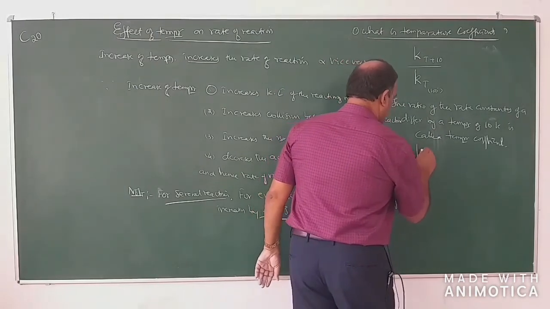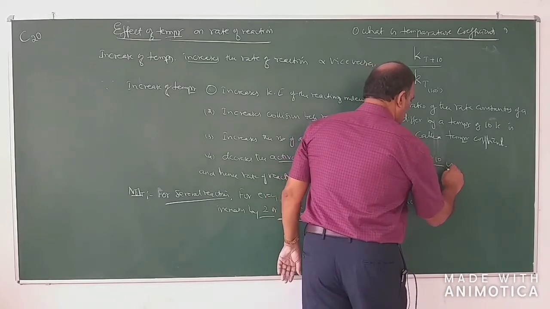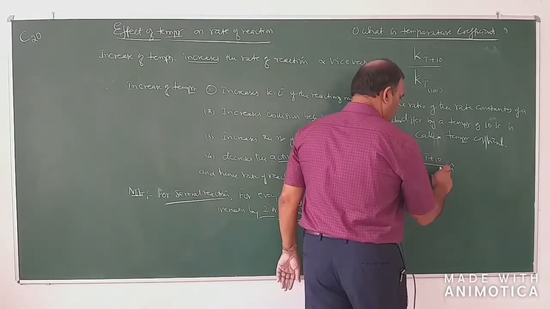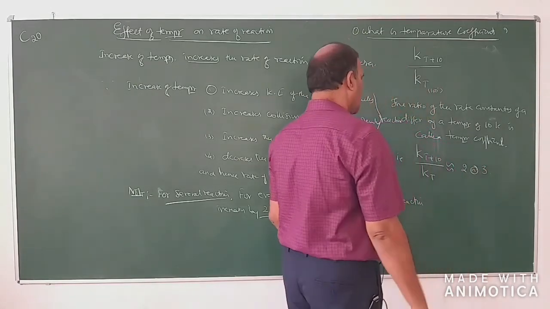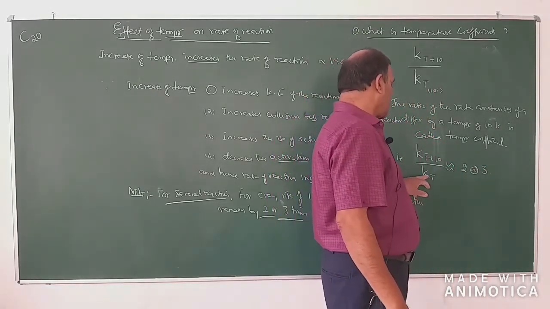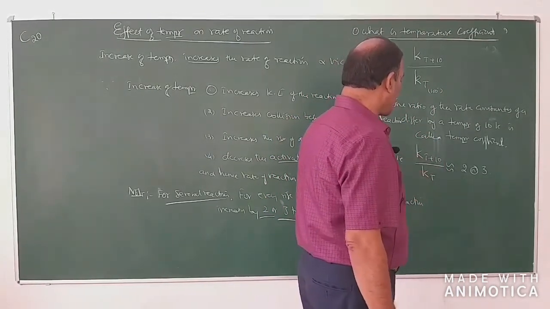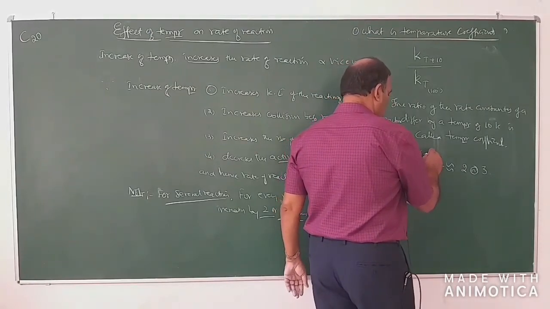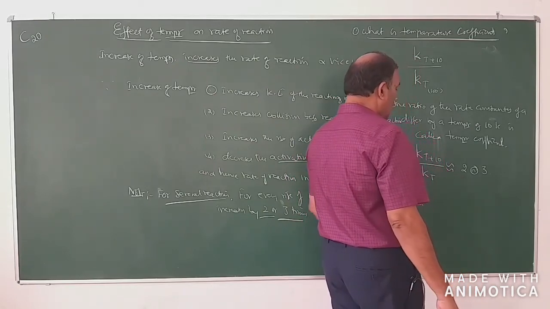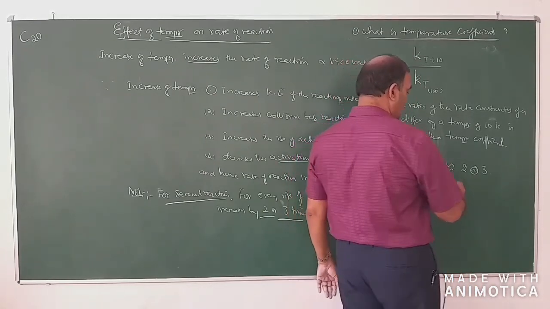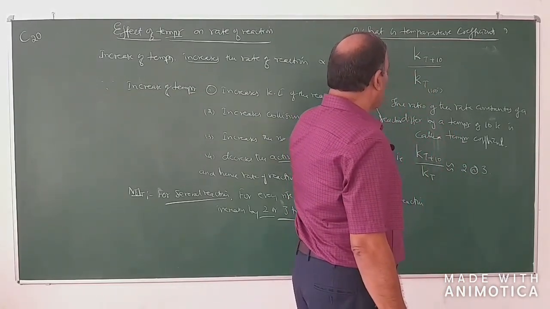That is K(T+10) divided by K(T) is called temperature coefficient. It is approximately equal to 2 or 3. So this is the rate constant of the reaction at temperature T, and the rate constant of the reaction at temperature T plus 10. That means temperature is increased by 10 Kelvin. If the temperature is increased, the rate of reaction or rate constant increases by 2 or 3 times. This is what is known as temperature coefficient.